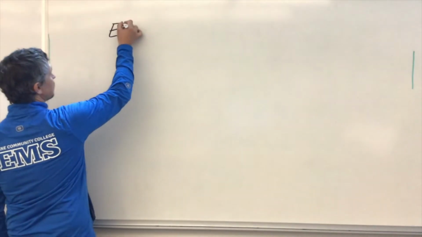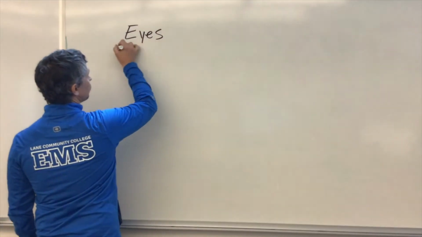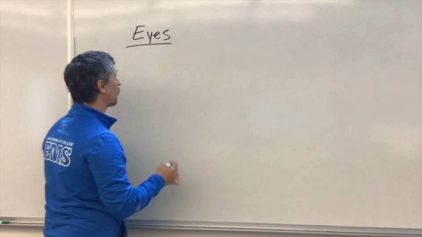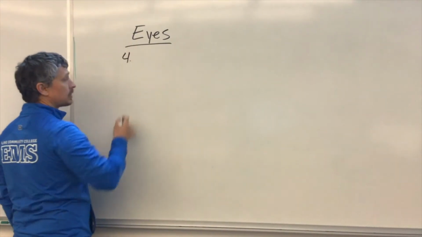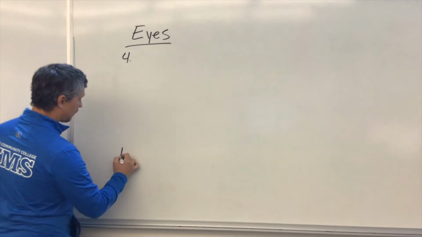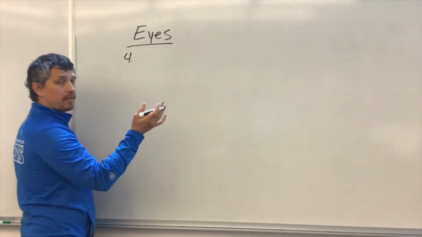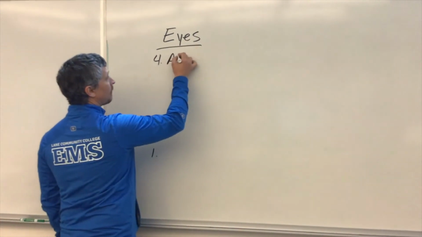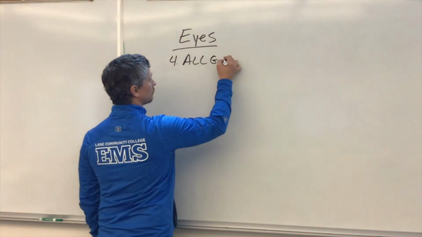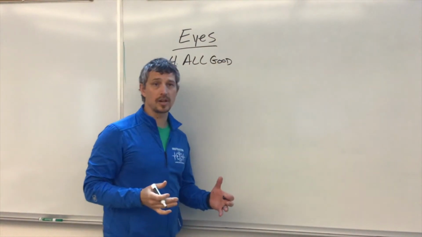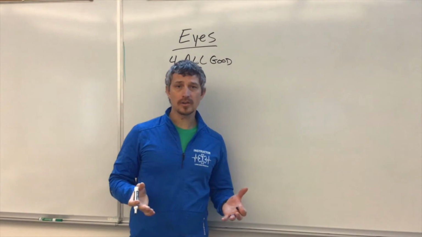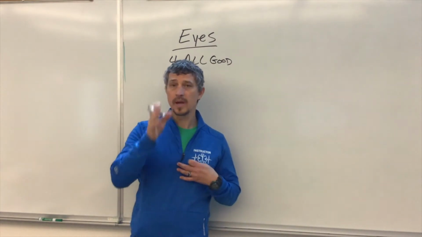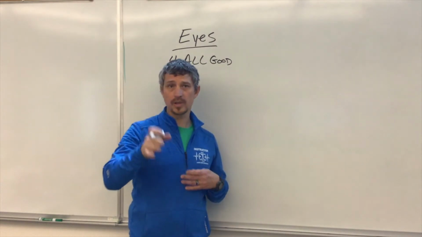For our eyes, we have 4 categories. The way I like to do it, I like to start at my top and my bottom. For our top with 4, we're going to have all good. That's going to be everything's good. Our patient's able to track us with our eyes. When we come in the room, they're able to look at us, follow us.